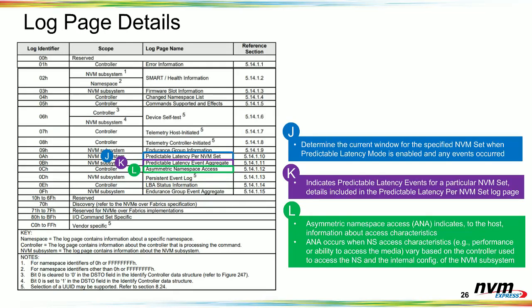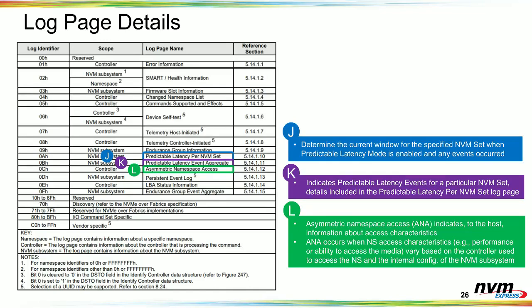I think the other one is asymmetric namespace access. So imagine we have multiple namespaces and different controllers have different sorts of access. Maybe some of the namespaces, some of the resources, are private. So there may be asymmetric access across the controllers, in terms of performance and latencies, and some of the namespaces may not even offer access to some specific controllers.